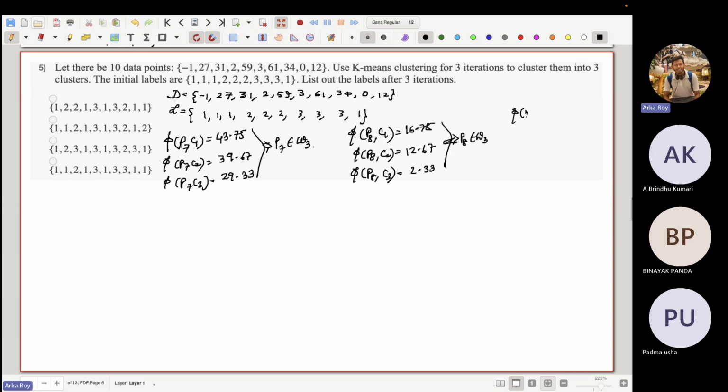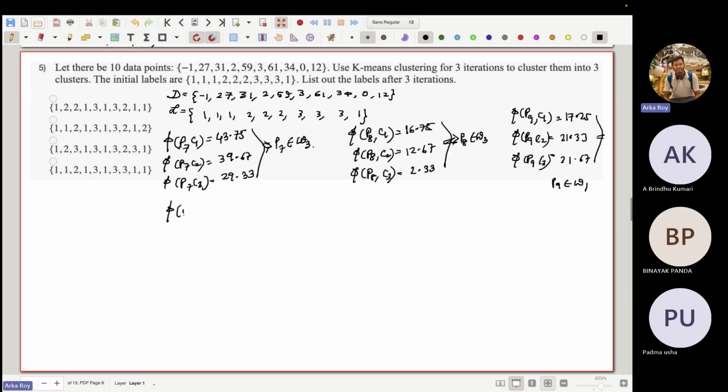Then P9 C1, P9 C2, P9 C3 basically reduces to 17.25, 21.33, and 31.67. So this puts P9 in omega 1.